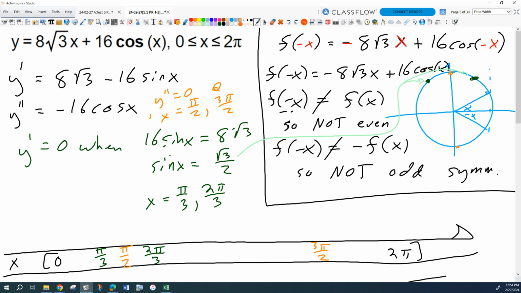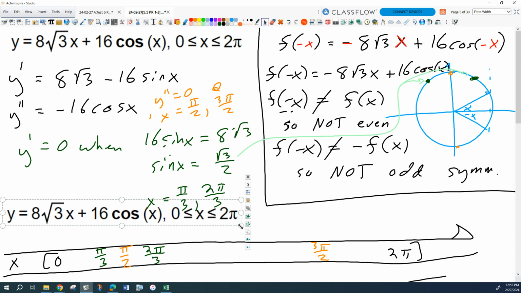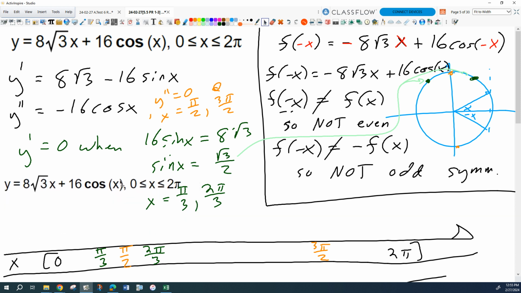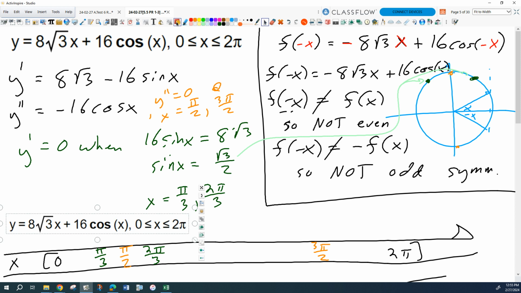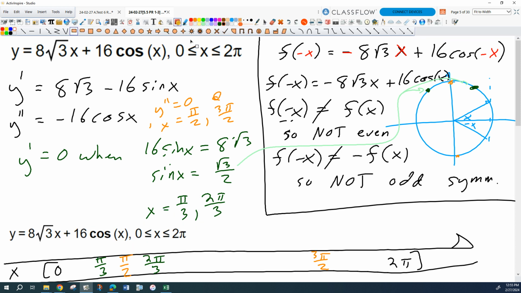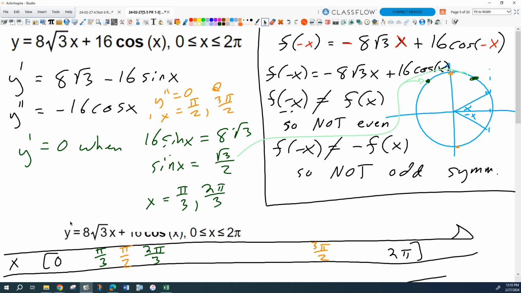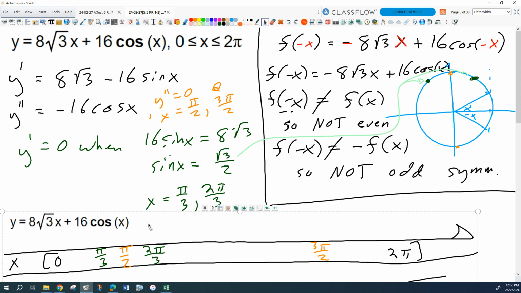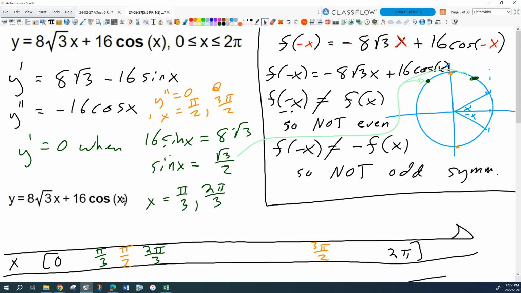Legally cheat. Okay, so there's my function.